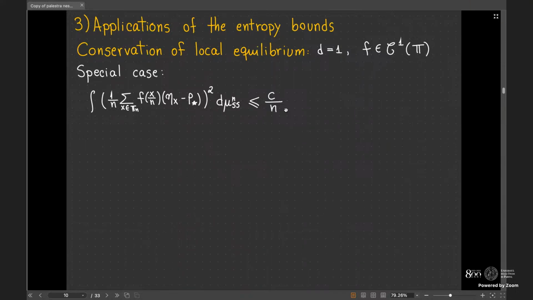This is the variance of the integral of f against the empirical measure. So this is the type of result we would like to prove.